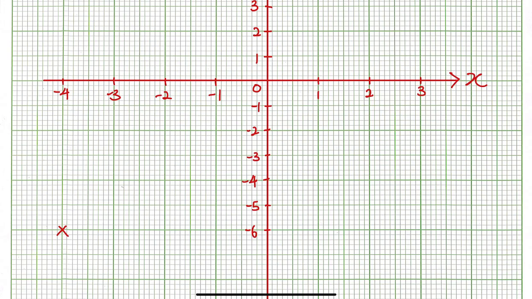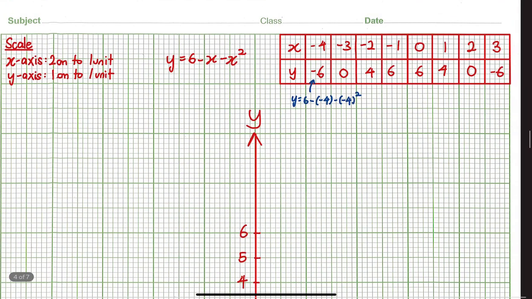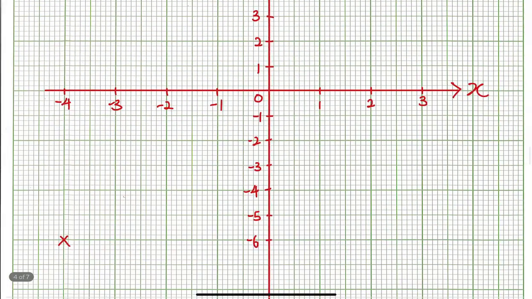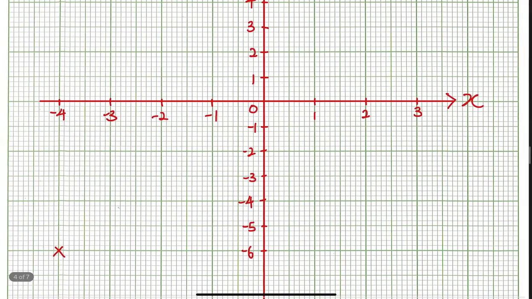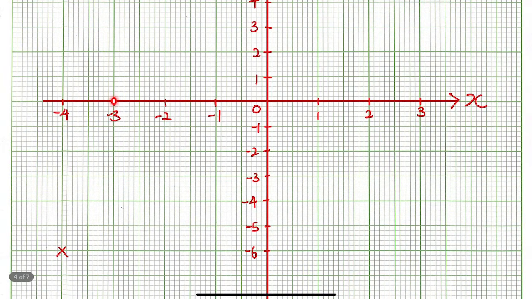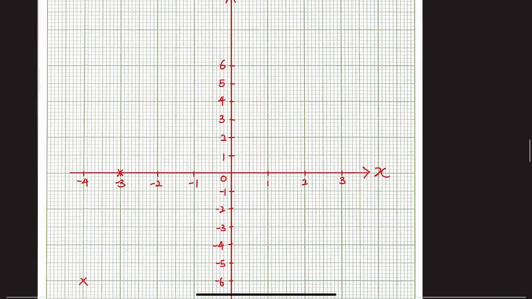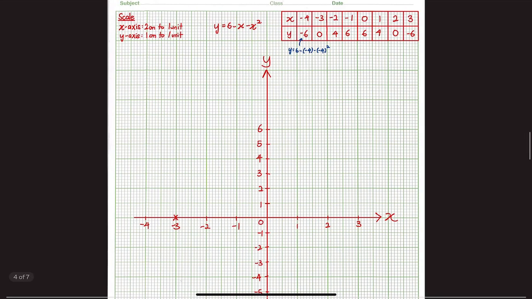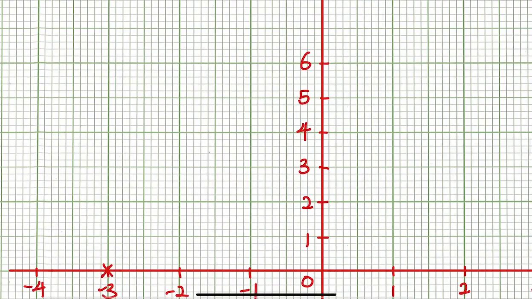Next point, -3, 0. I check my x-axis, -3, and the y value is 0, so it is this point. Next one, -2 and 4. X value -2, y value is 4, so it's this point over here.